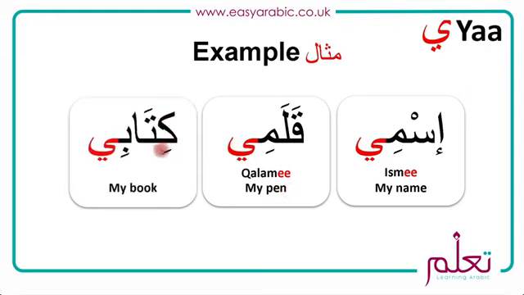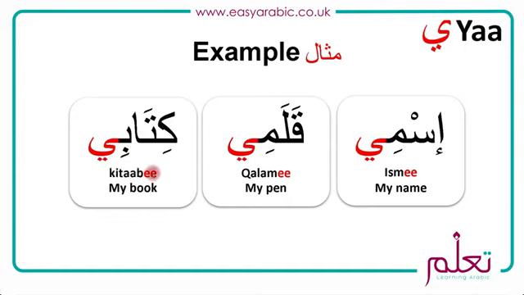Next one is kaf with the kasra is ki, ta with the fatha is kita, and then we have an alif here, kita, then the ba with the kasra is kitabi, and the ya at the end, kitabi.